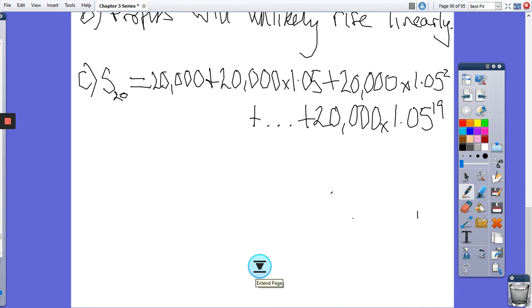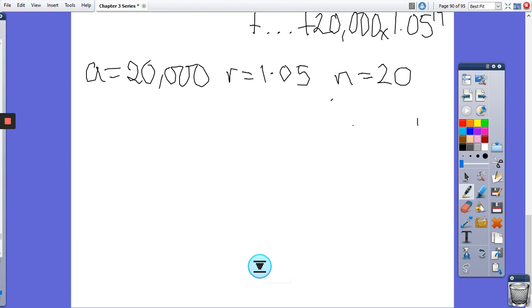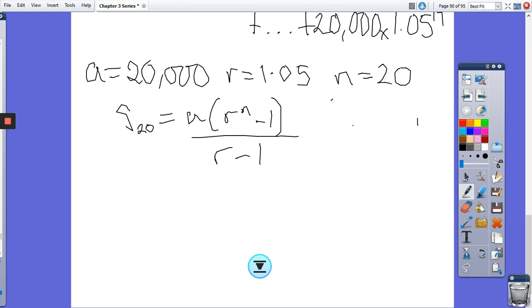The power there. Right, okay, so you have, in this situation, A equals 20,000, R equals 1.05, and there's 20 terms. So we now need to go back to our formula for the sum of the first 20 terms, and we need to say that the sum of the first 20 terms is A times r to the n minus 1 over r minus 1.